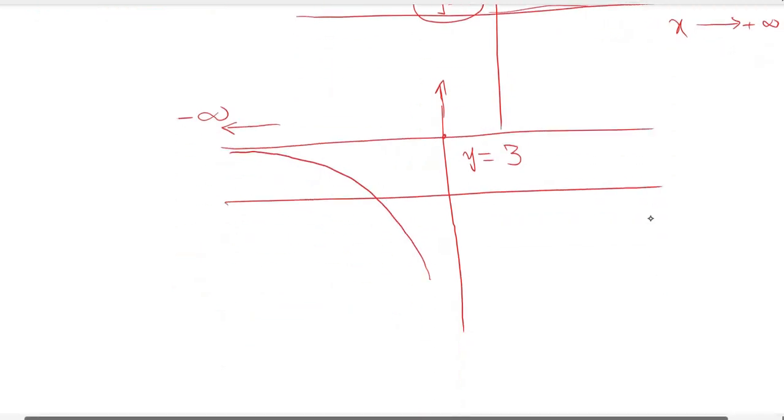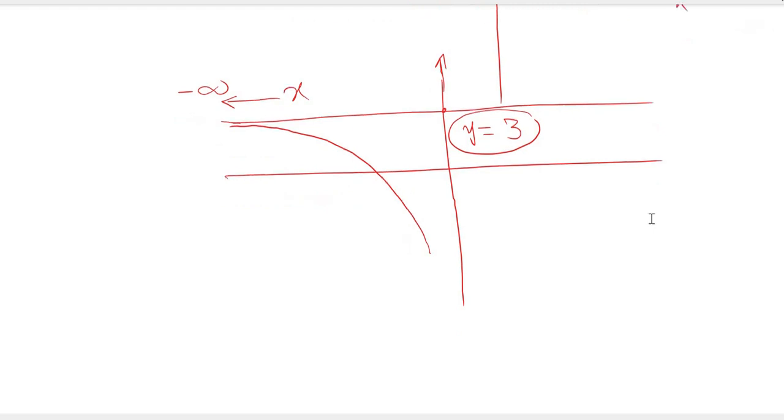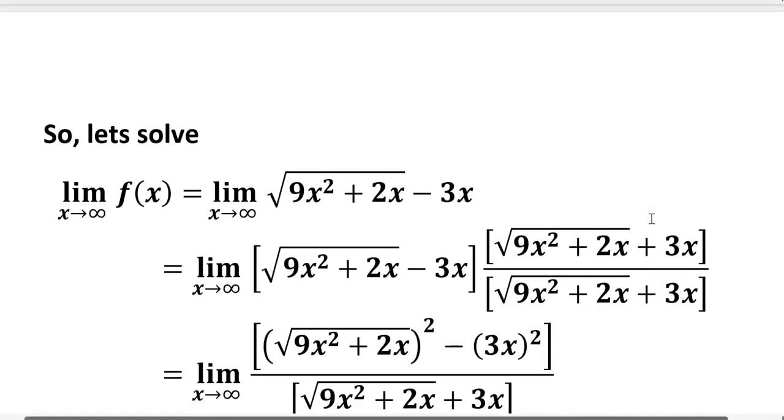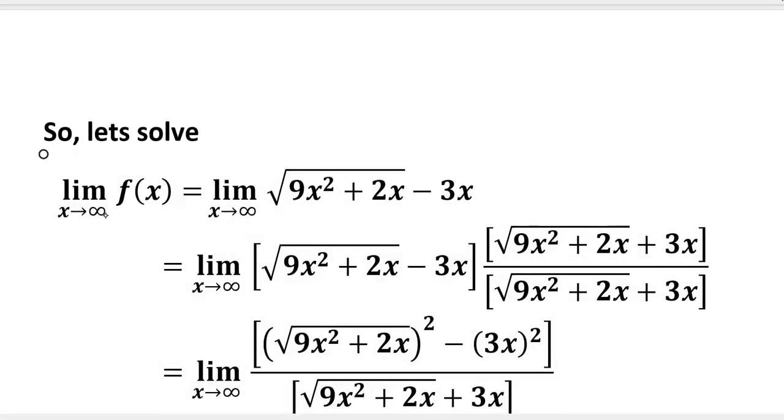Similarly, if you have a line y equals 3 and you take x to negative infinity and the limiting value of the function is 3, then we say that y equals 3 is the horizontal asymptote. So we just have to find the limiting value of f of x while x approaches positive infinity or negative infinity.